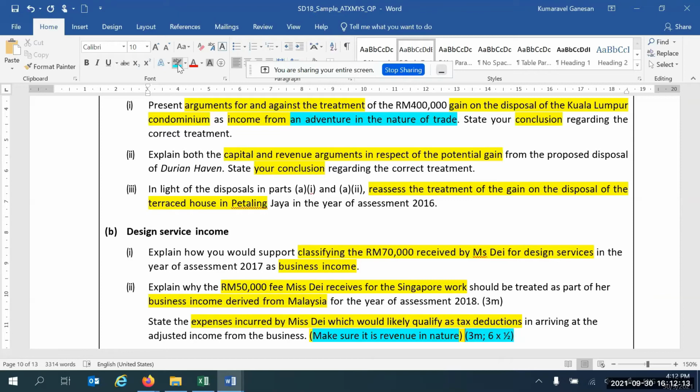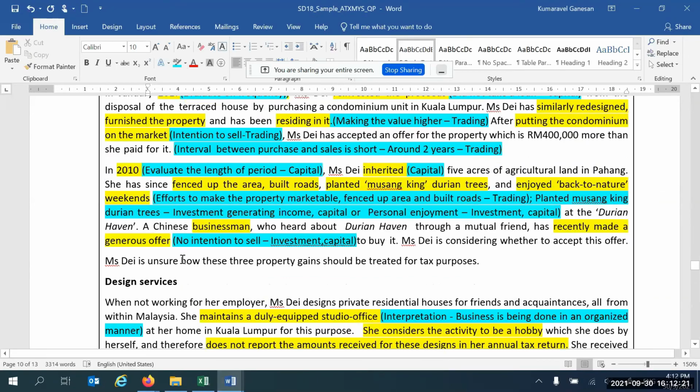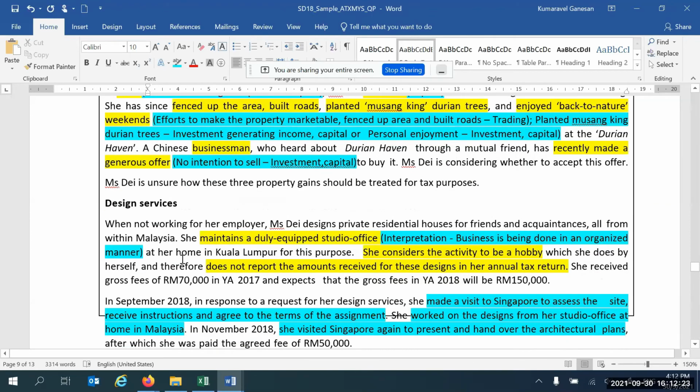It depends. Okay, so same argument. What's the argument? Her main job is done in Malaysia. Singapore is the preparatory job. Money received in Singapore is not important.